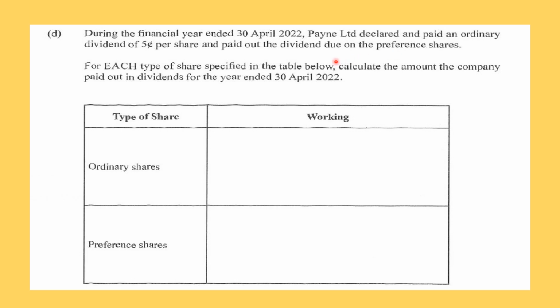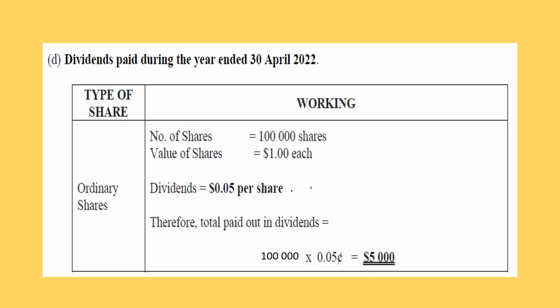Okay, you were given a table like this in which to show your workings, and I have worked it already, and let's take a look again at the workings. The dividend paid during the year ended 30th April 2022. The workings for the ordinary shares. I brought forward the information here that we have on the ordinary shares.